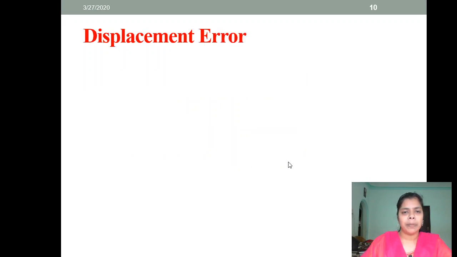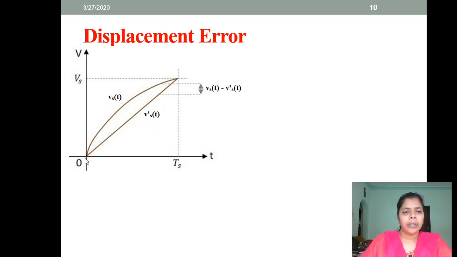What is displacement error? Actually, we require a linear signal like this, which is represented as V dash S of t. But from exponential sweep circuit, the obtained signal is exponential in nature. If we consider the signal for a time duration of ts, it looks like a small exponential.